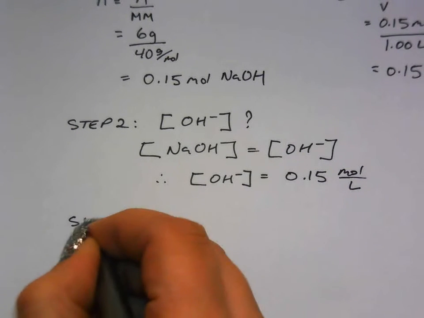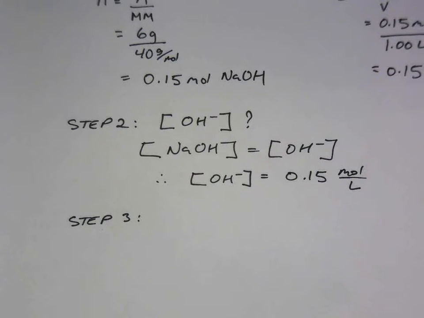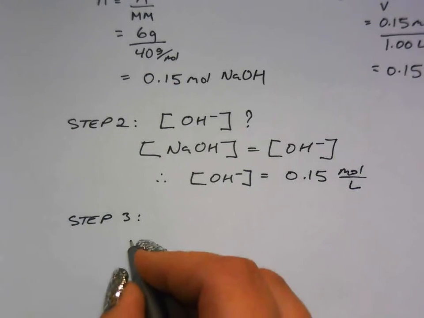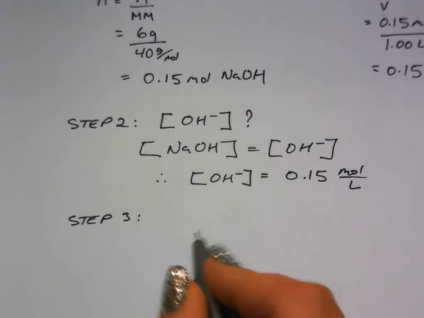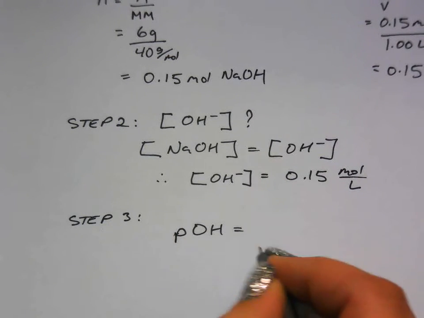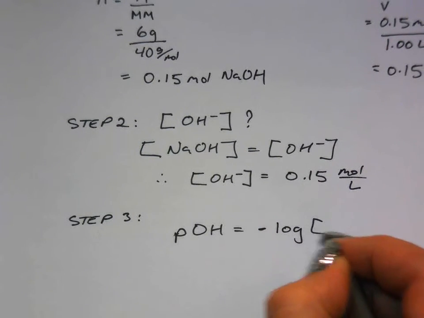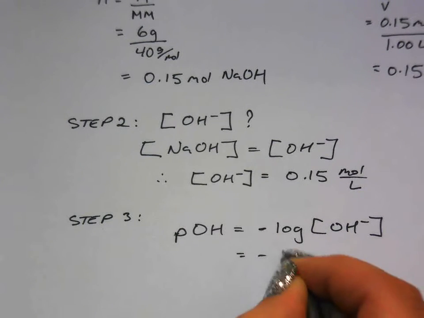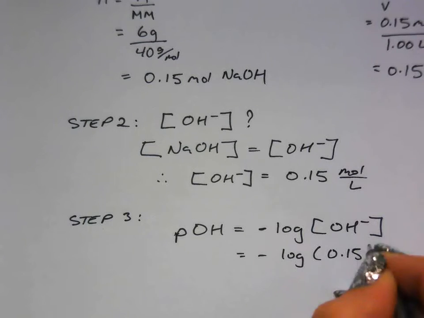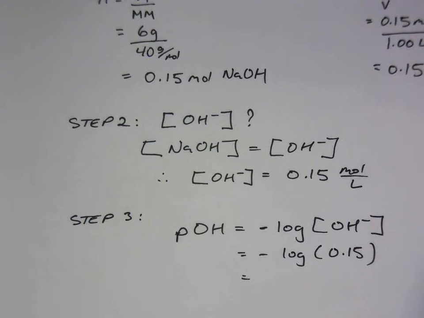For step 3, since I have the concentration of hydroxide, I'm going to get the power of hydroxide, pOH. pOH is equal to the negative log of the concentration of OH, negative log of 0.15. That gives 0.8239.